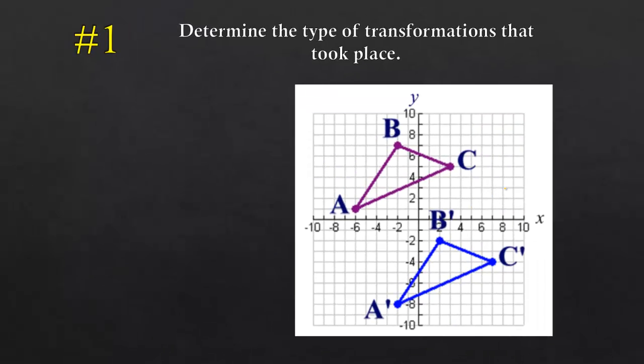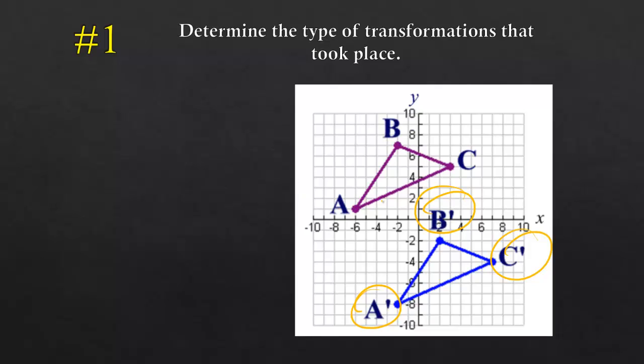Okay, in this one, notice it just says determine the type of transformation that took place. So how do I know where to start? Well, I can see that this says I've got an A prime, a B prime, and a C prime. So that means this is the new image or the ending point. This is the original image or the starting point.